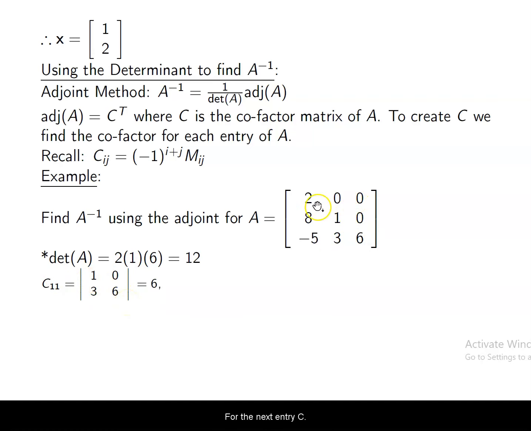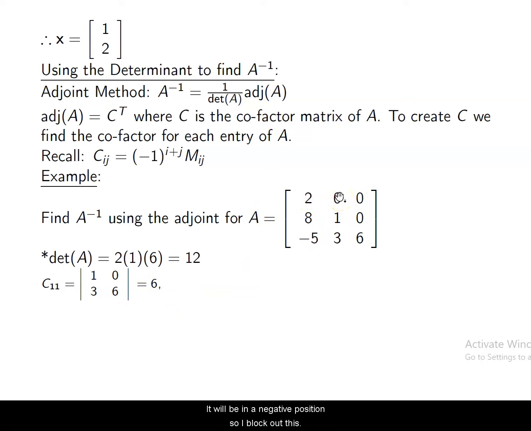For the next entry, C 1,2, this will be multiplied times a negative, whatever value I get. We can always look at the companion matrix, plus, minus, plus. So whatever I get, I will change the sign. This one I didn't have to because it was in a plus position.